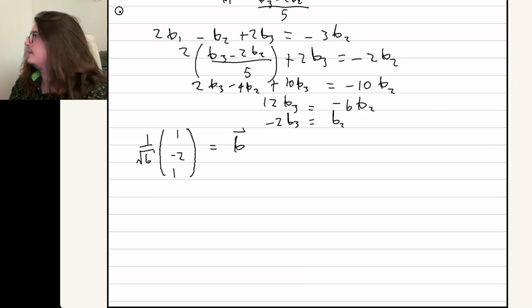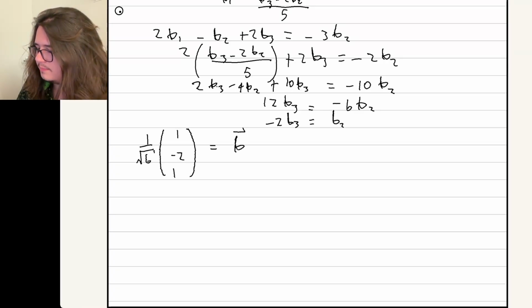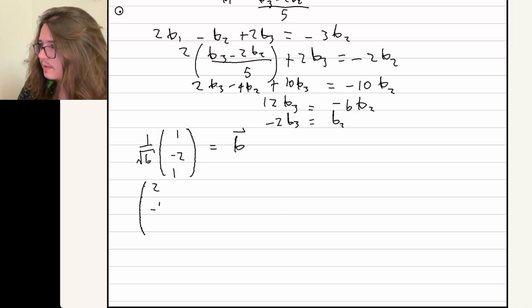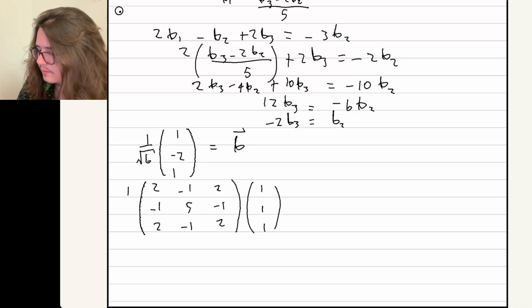Finally, we need to check if either of these happen to be simultaneous eigenvectors with the matrix B. So let's just stick the vector A next to B. So it's going to be 2, minus 1, 2, minus 1, 5, minus 1, 2, minus 1, 2, times 1, 1, 1, with a normalization of 1 over root 3.